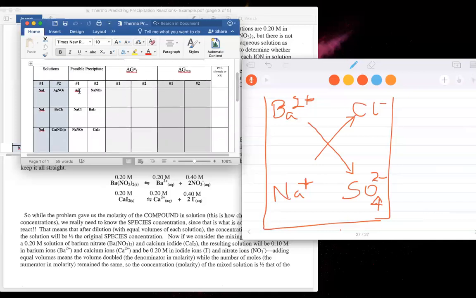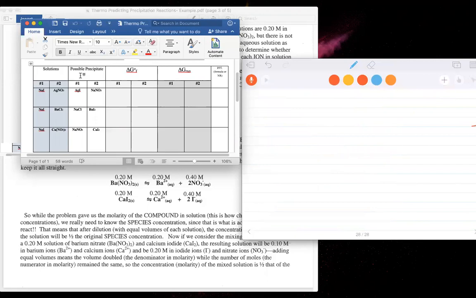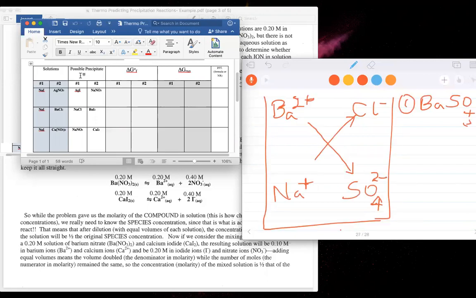It doesn't really matter how you label your possible precipitate. I can say one is barium sulfate. Remember, 2 and 2 will go away. This is solid. Yeah, this is the first possible precipitate.